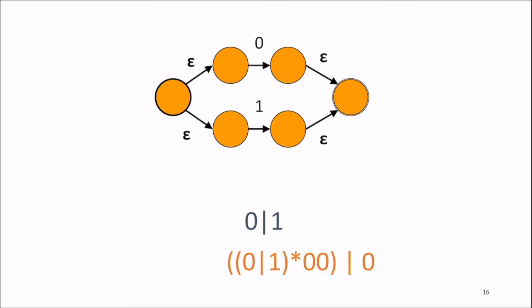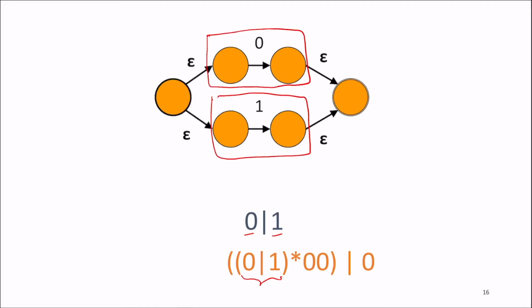Now, if I want to combine a 0 or 1, so this part of the full regular expression, then I can use the Thompson rule for alternation, and I create a new NFA. I remember this was the NFA for 0, this was the NFA for 1, and then I just put a new start state and a new final state, and I put the appropriate empty string transitions, and now I've created a new NFA that recognizes either 0 or 1.